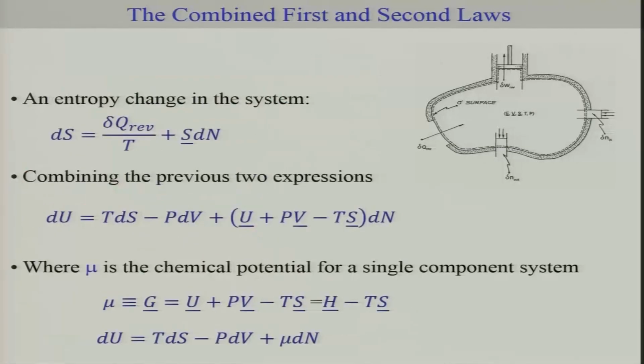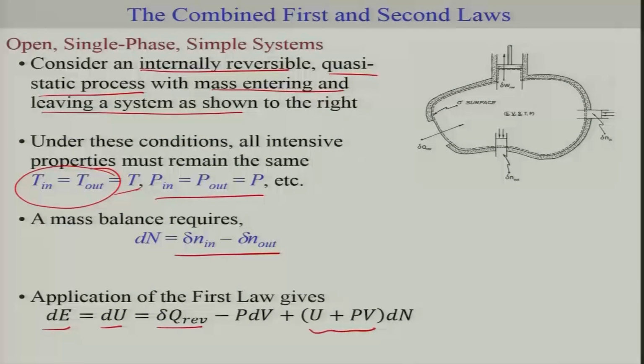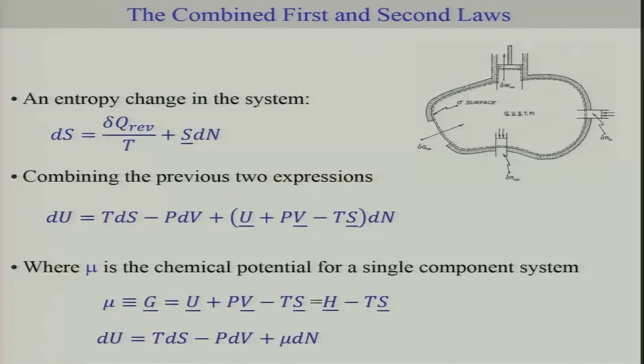Now, we can try to relate this delta Q reversible to entropy. And how do we do that? Let us first look at the change in the entropy of the system, that is dS. There will be two contributions. One is due to the heat interaction, that will be simply delta Q reversible by T, where T is constant here.